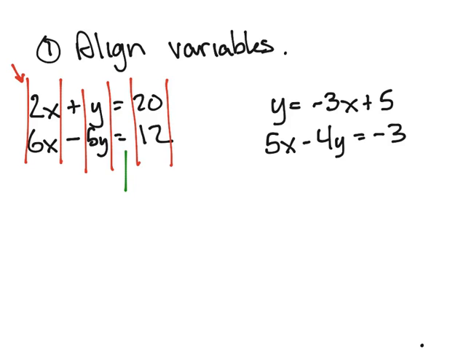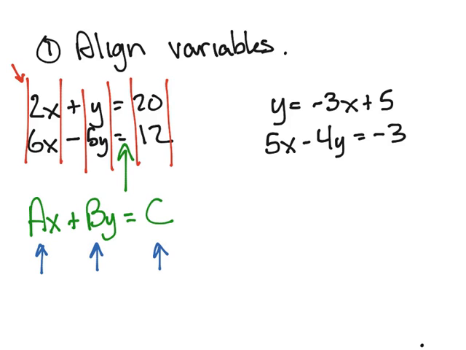You'll also notice that our equal signs are also in a column. Our goal is to make sure that everything stays in standard form, or ax plus by equals c, where our x term added to our y term is equal to our constant.